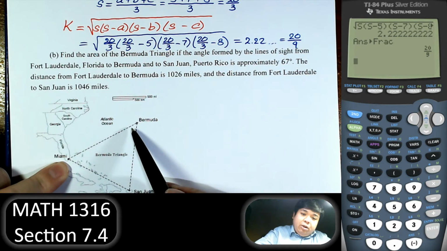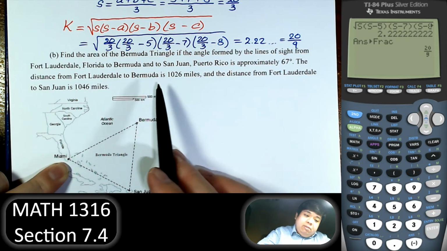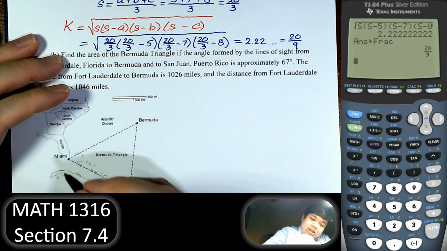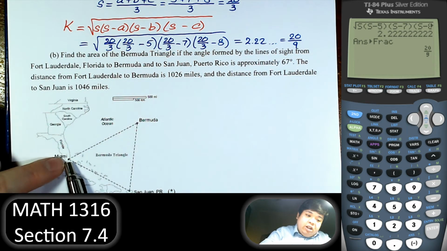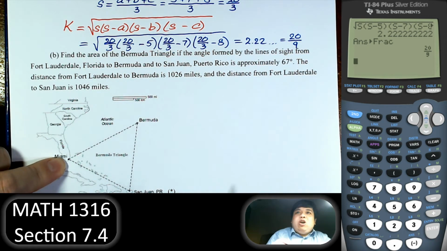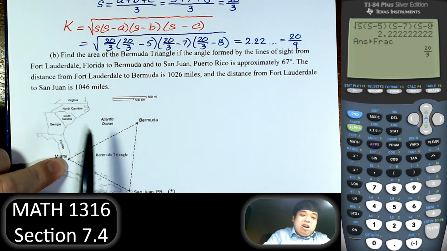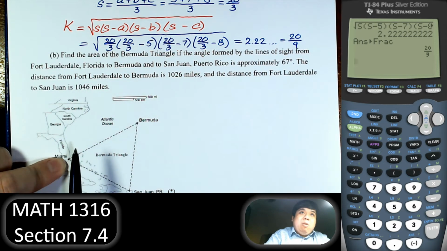Bermuda, right? So the angle between them is 67 degrees. Live side from Fort Lauderdale to Bermuda and to that. Because when we talk live side, it's not really live side. We cannot see about 1,000 miles away.